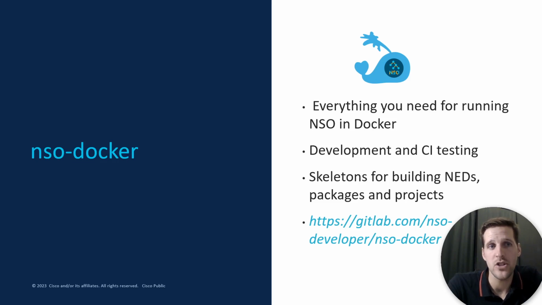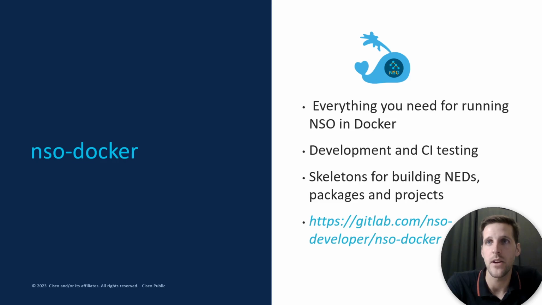I already mentioned NSO in Docker, but since it's really helpful if you want to start running NSO in a container, I'm mentioning it again here. It's not just used to build Docker images, but there is much more included in this repository.